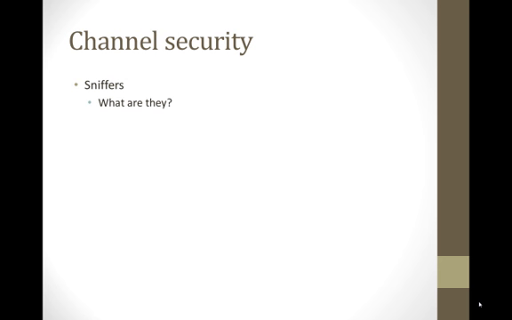So we need a way, when we're transmitting information across the internet, to secure that information so that a sniffer, if one is installed, can't see what's being transmitted. Because they can see a series of ones and zeros and interpret that back into digits, so it could read a password if it's not secured.